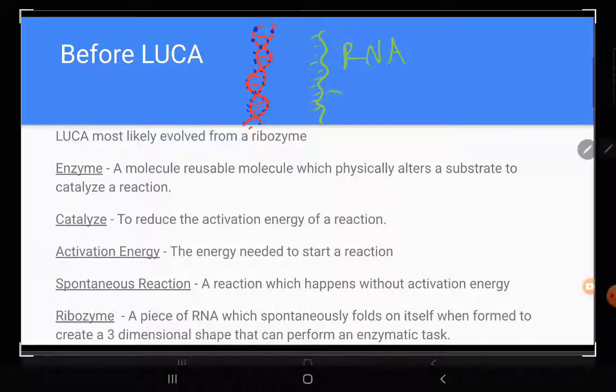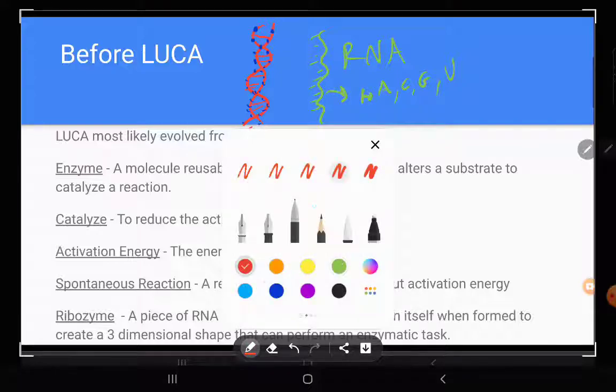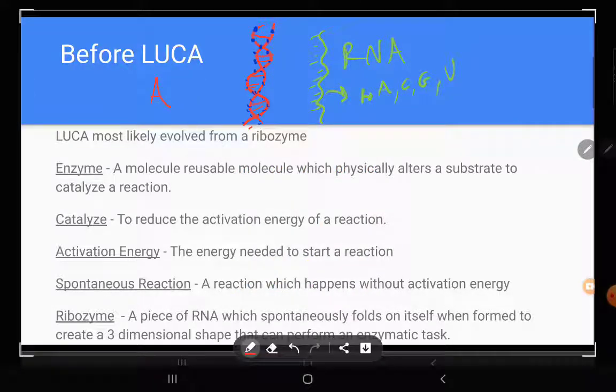The next thing is, if we look at each of its little parts, it does have A, and it does have C, and it does have G on the little nitrogen base, but it has U instead of T. DNA had A, T, C, and G. So what's different here is the U and the T. That's one difference. Another difference is that it's single-stranded.